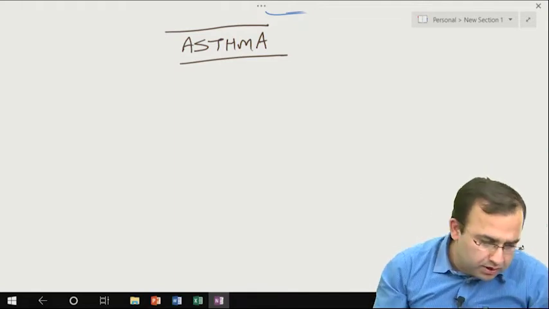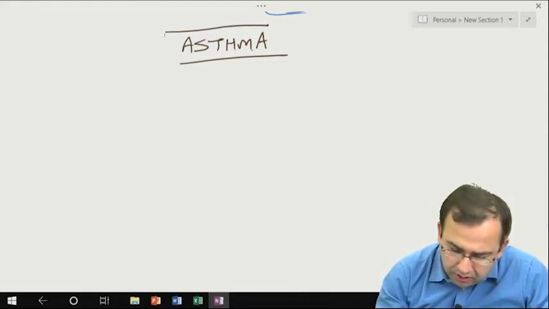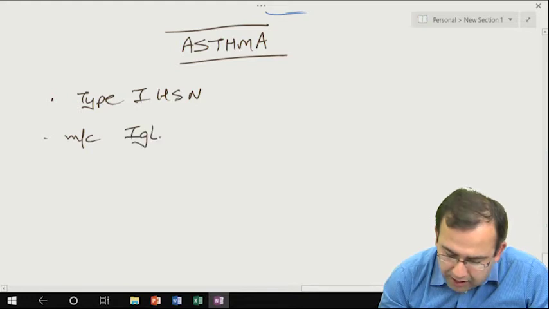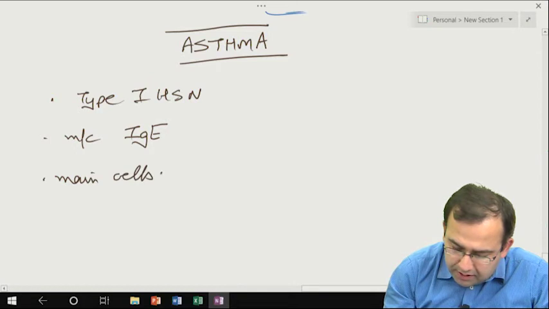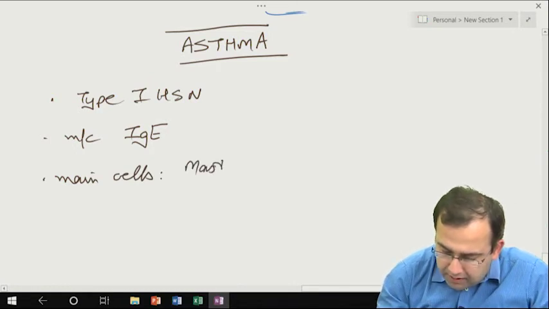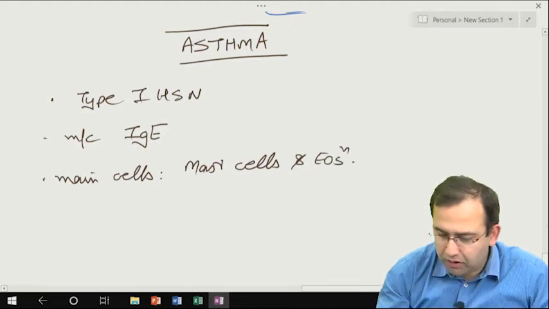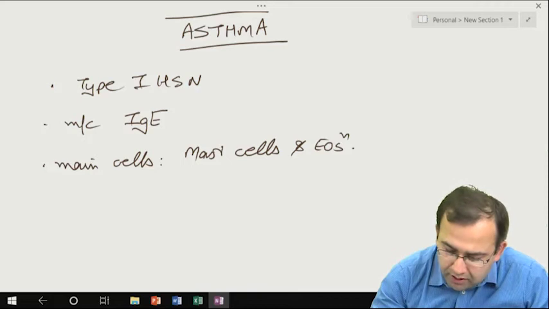Asthma is associated with type 1 hypersensitivity, most common immunoglobulin IgE, main cells mast cells and eosinophils. If you have to mark one, you will mark mast cells.